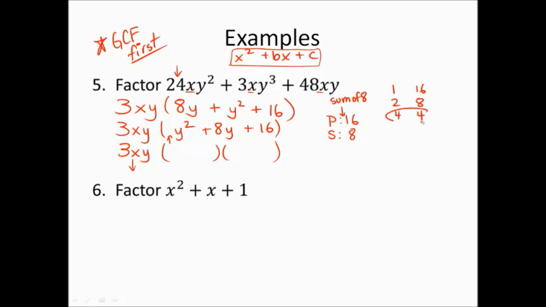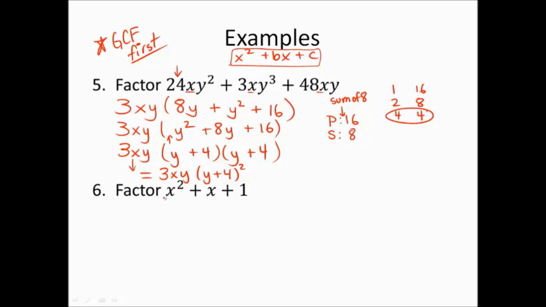Which one sums to 8? 4 plus 4. Therefore, we have y and y, because y times y gives us y squared, and plus 4 and plus 4. Notice you could also write this as 3xy, and since it's the same bracket, it can be written back as a square.